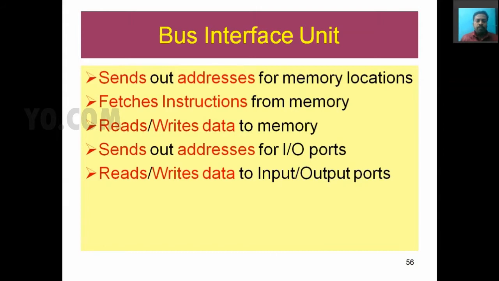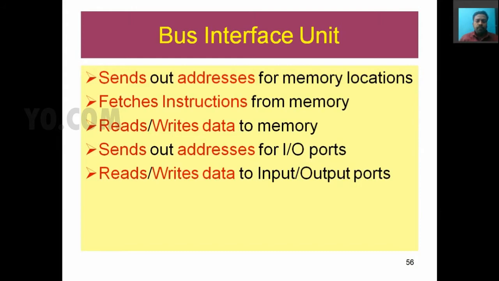If the bus interface unit fetches an instruction, the instruction is present in memory, but the processor does not know its location, so it sends the address of the particular instruction to memory. Then the memory receives the address and identifies the data present in it, that means the instruction. After the instruction identification, the microprocessor fetches the instruction from memory.